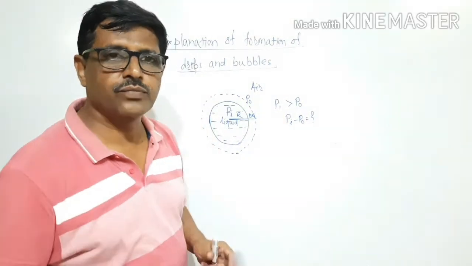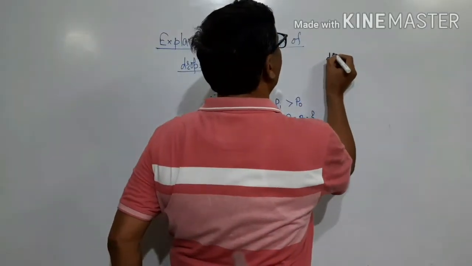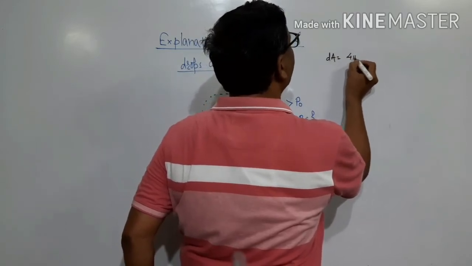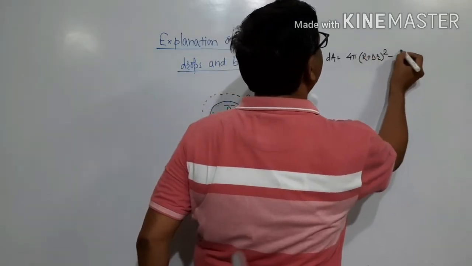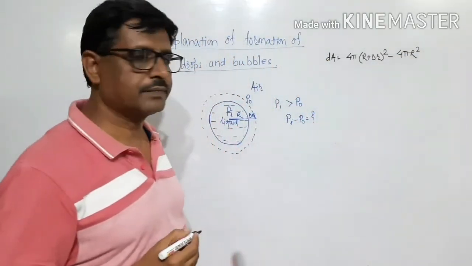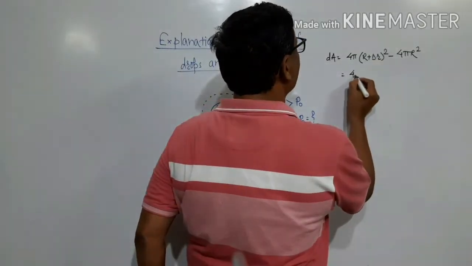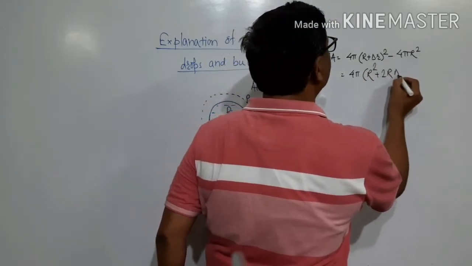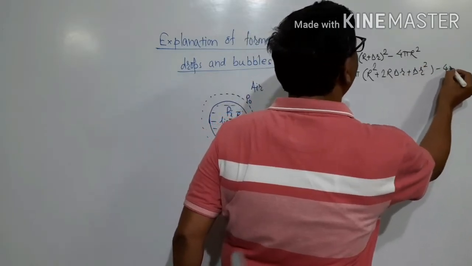Then the increase in surface area of this liquid drop is final area 4 pi (R plus delta R) whole square minus initial area 4 pi R square. And it comes out to be equal to 4 pi (R square plus 2R delta R plus delta R square) minus 4 pi R square.